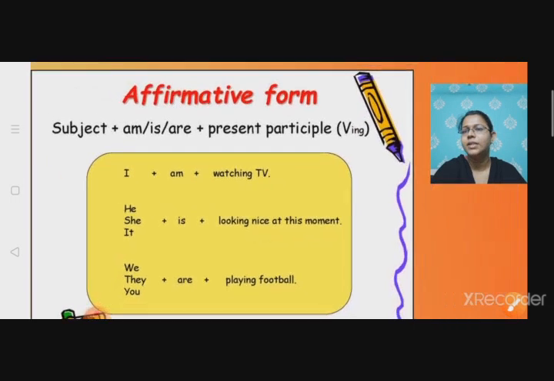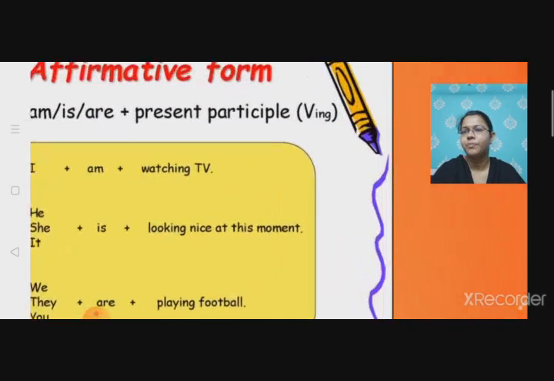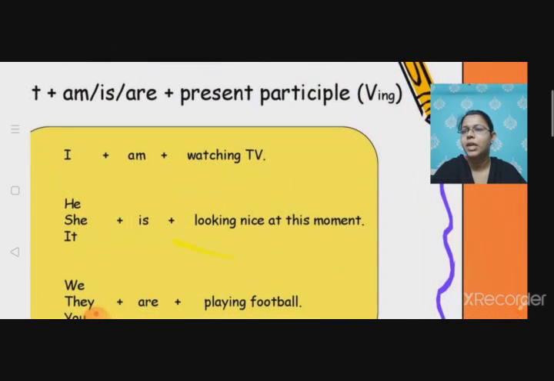Now let's see the second one. He, she and it. Now students, can you tell me what these pronouns represent? Well, he, she and it represent third person singular. Along with third person singular, we are going to use the to be form is. Over here, is would be the helping verb or auxiliary verb. And along with it, we are going to use the present participle of the action word.